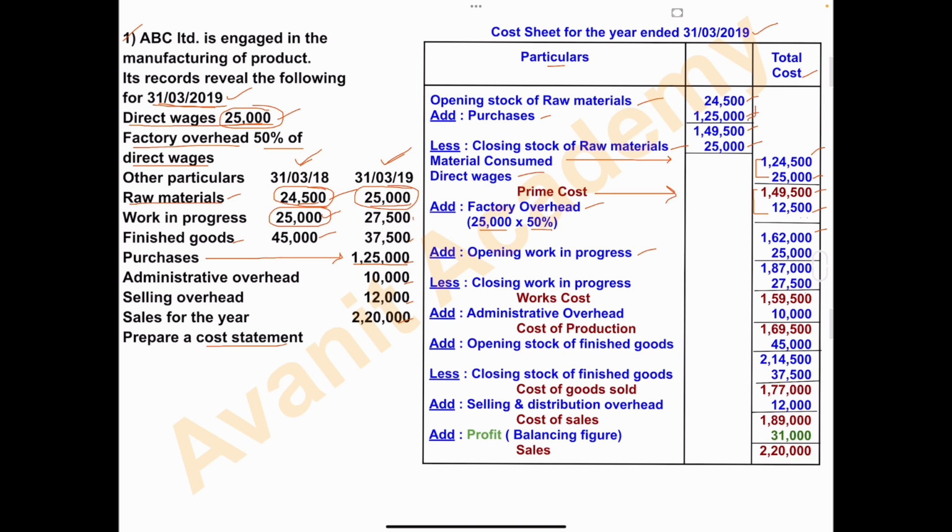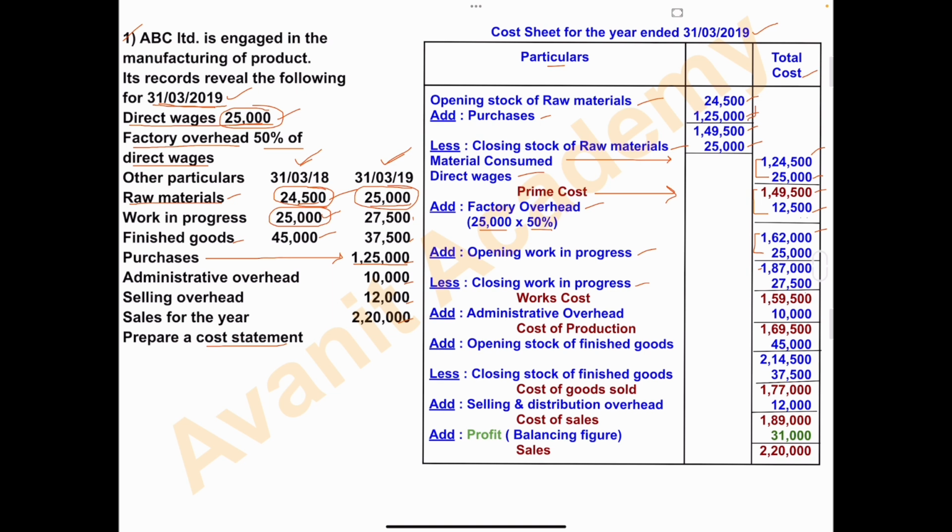So this 25,000 we have to add. Add these two amounts. 1,62,000 plus 25,000 and the total is 1,87,000. Then less closing work in progress.